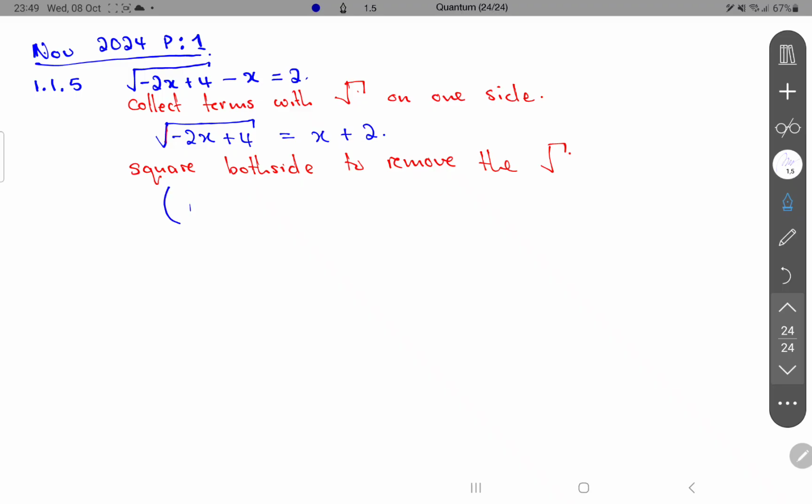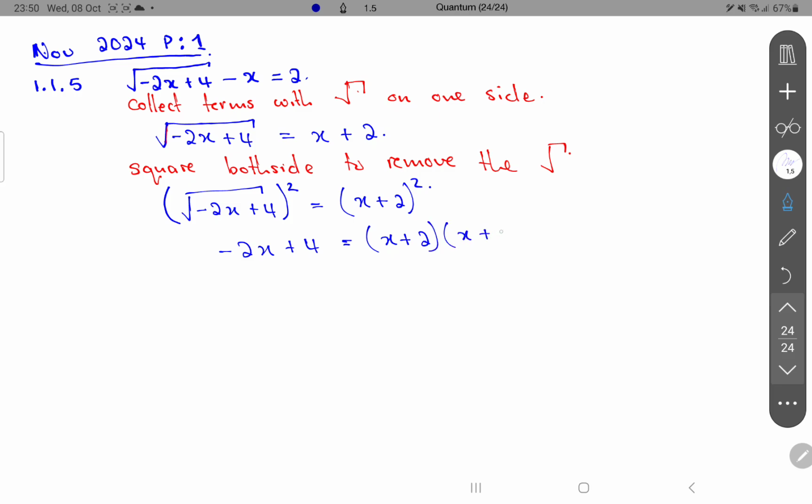So we are going to say the square root of negative 2x plus 4 is squared, equals bracket x plus 2 squared. So definitely the square root will disappear. So it's going to be minus 2x plus 4 equals bracket x plus 2 and x plus 2, like this.